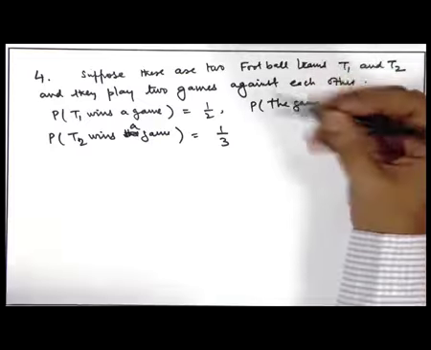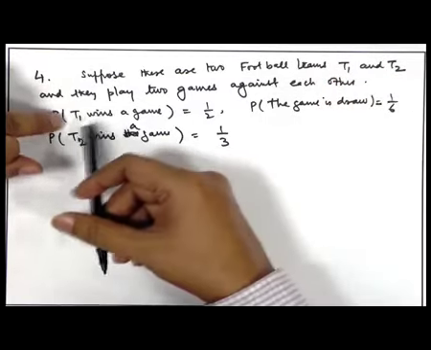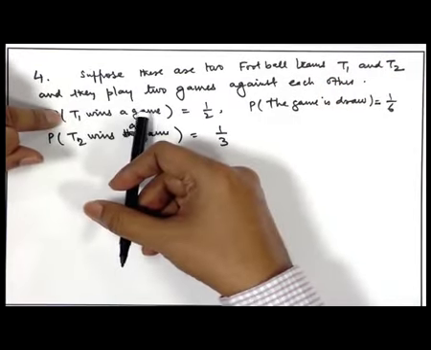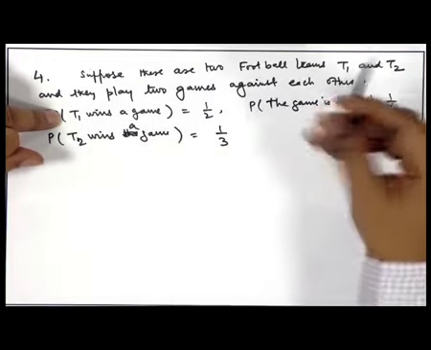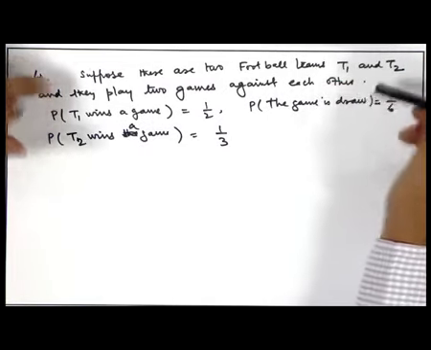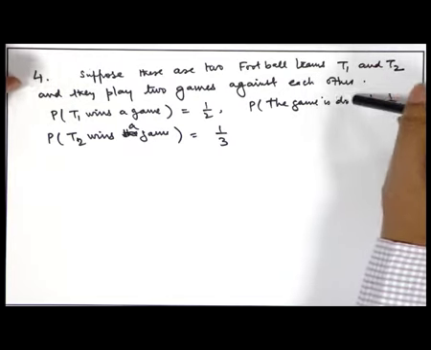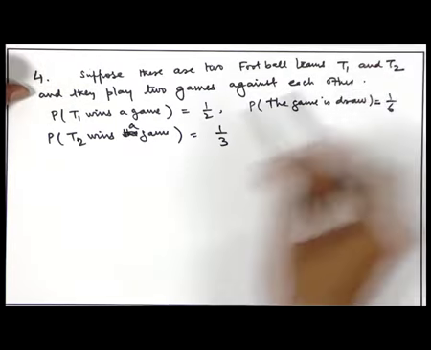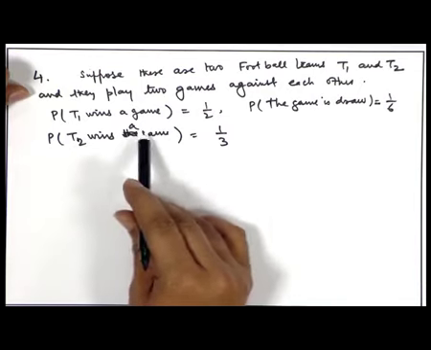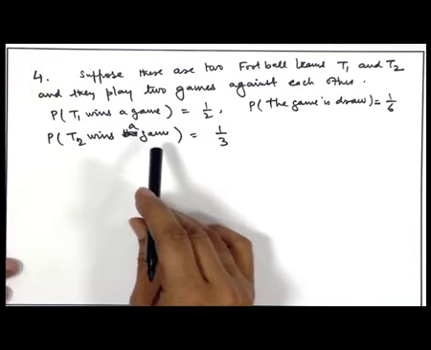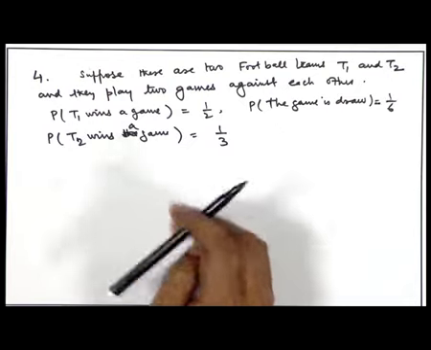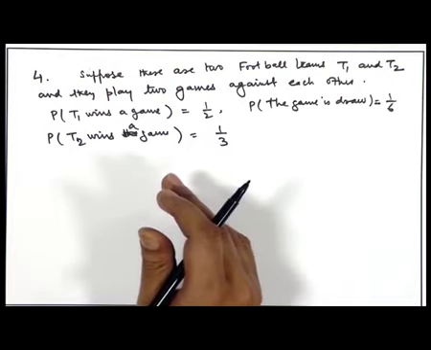Okay, so they are playing against each other. So this event T1 wins is also equivalent to saying T2 loses, and if the game is draw means both are not winning, or you can say both are not losing. Similarly, T2 wins a game means T1 actually loses the game because they are actually playing against each other.